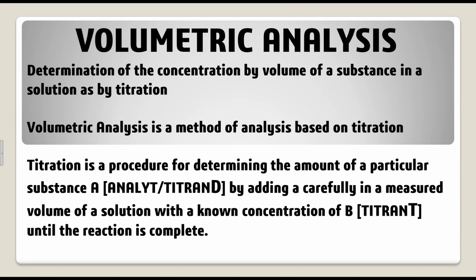Titration is a procedure for determining the amount of a particular substance A, that is the analyte, which is present in the conical flask, by carefully adding a measured volume of solution with known concentration of B, that is the titrant, the solution which is present in the burette, until the reaction is complete. This is the definition of titration.